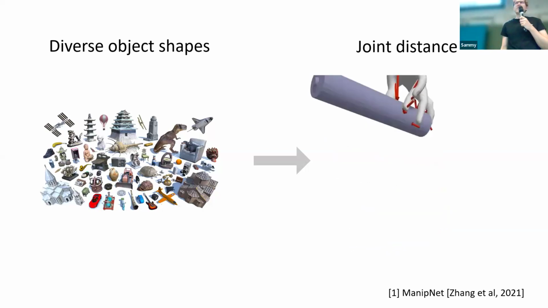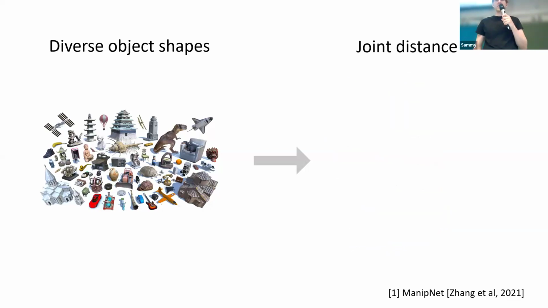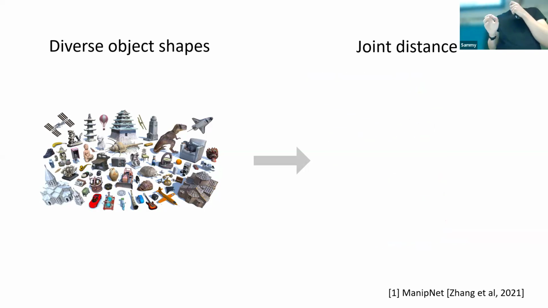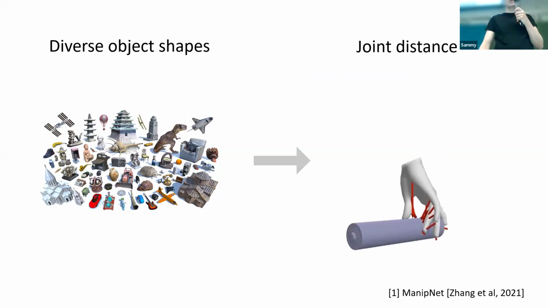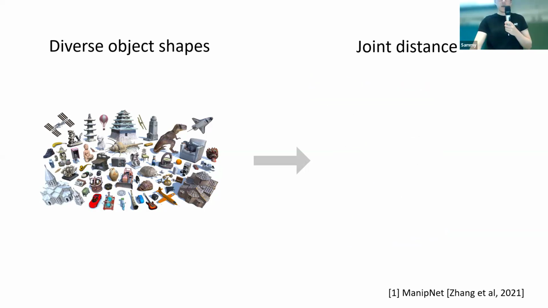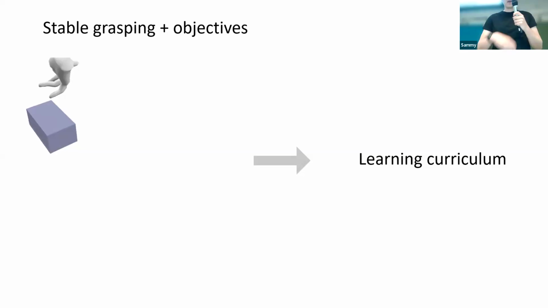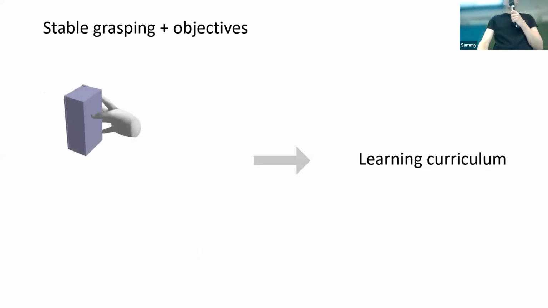To deal with the diverse object types, we introduced some local sensing of the geometry by looking at the distances between the joints and the local object mesh.